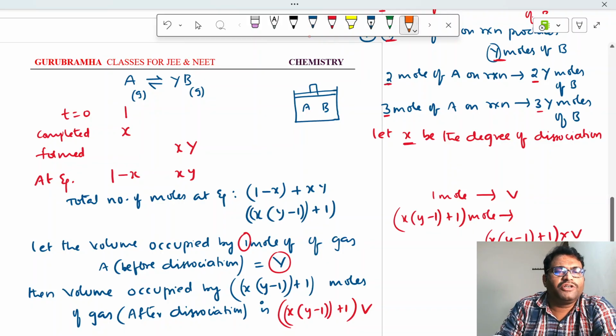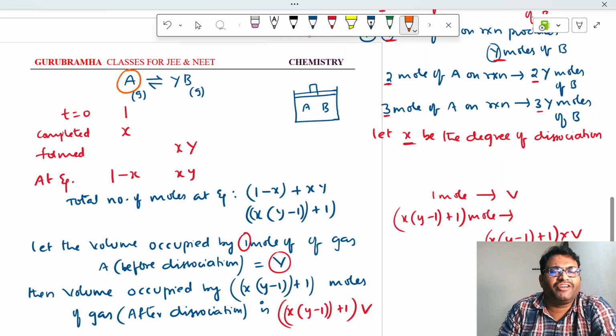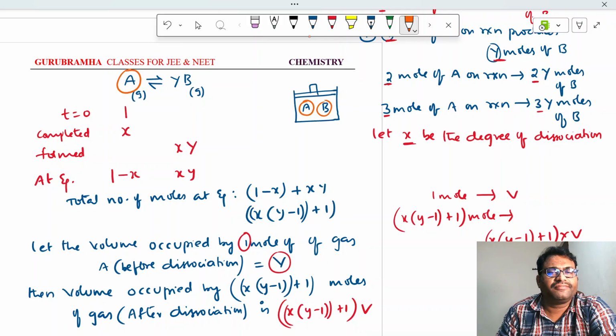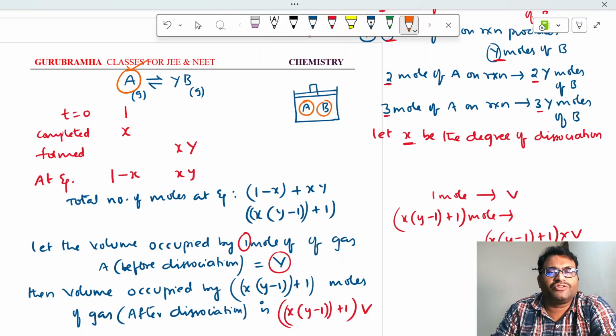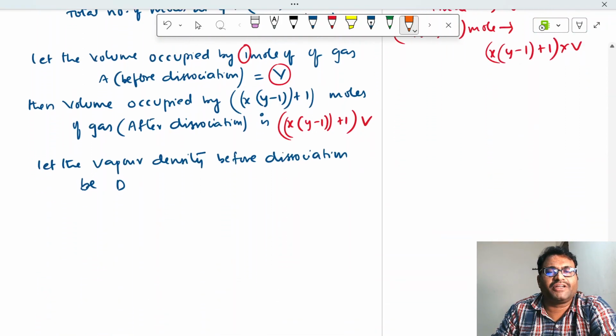Only A is present. After dissociation, both A and B are present. Before dissociation only A is present. After dissociation, both A and B are present, right?